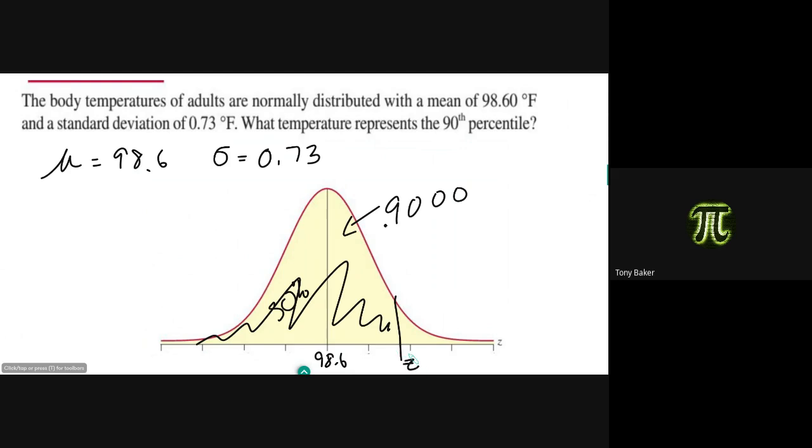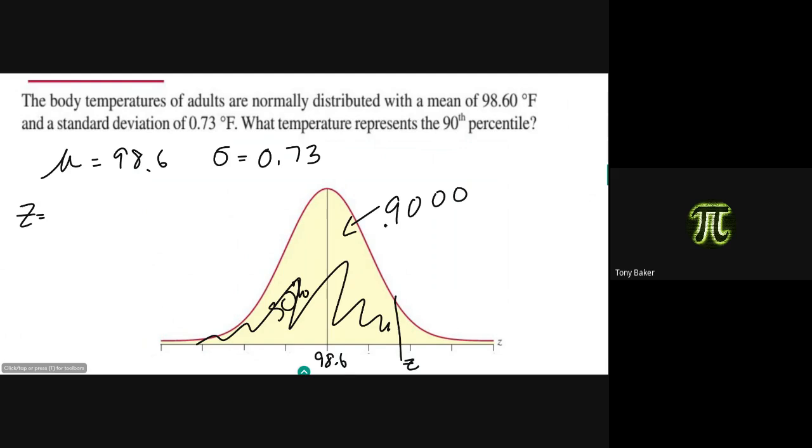And when we look it up, that's going to be my Z, correct? Okay. So find me my Z, that's going to give me 0.9000.